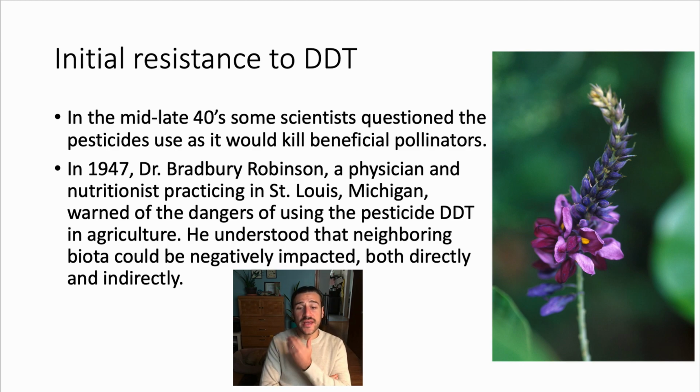He understood that biota, outside of just this plot of land that is being cultivated to feed humans, that there are neighboring wild ecosystems, and that spraying a pesticide here, some of those chemicals will be carried over through wind and change the biota of nearby ecosystems, both directly and indirectly. So he understood more so the implications of using this really noxious pesticide.